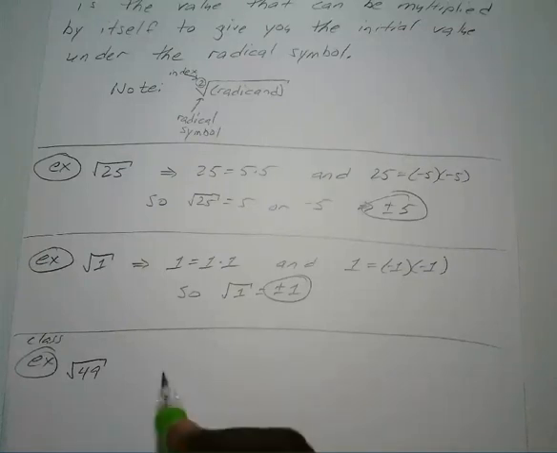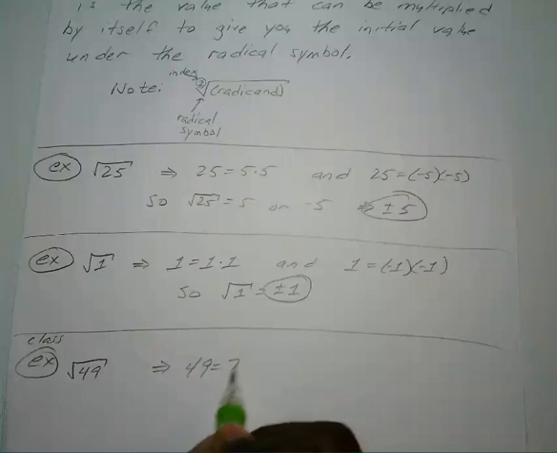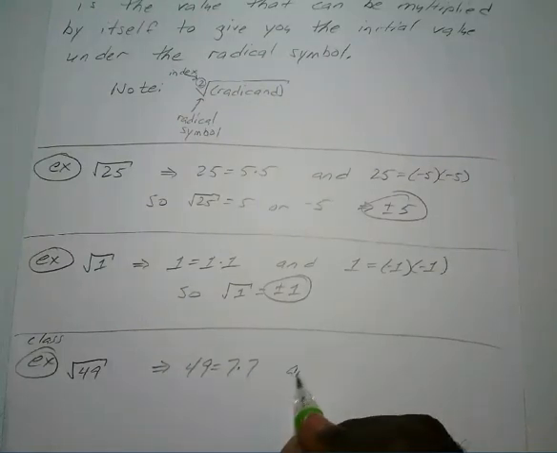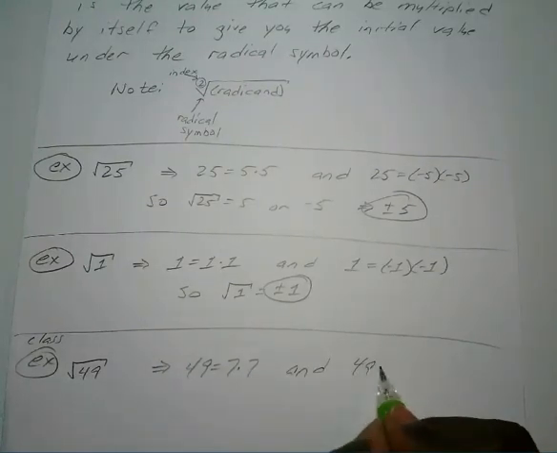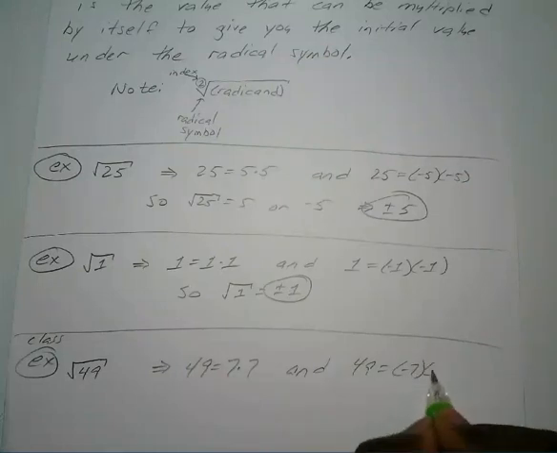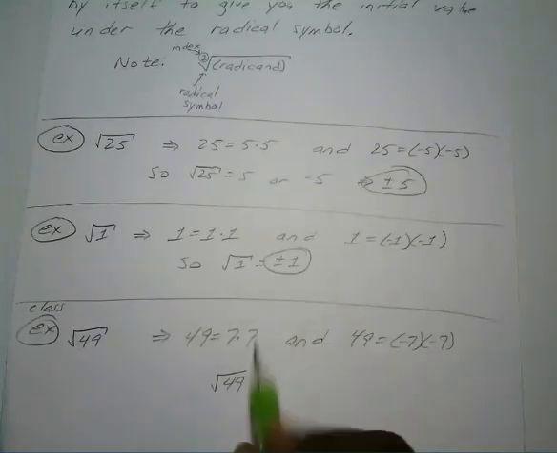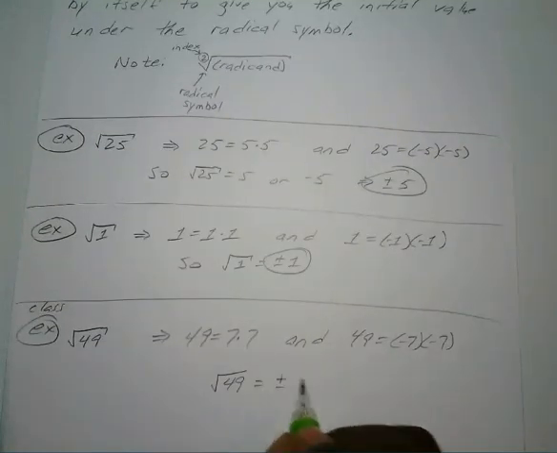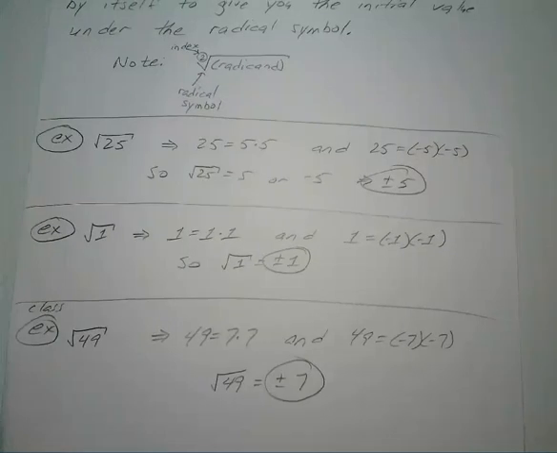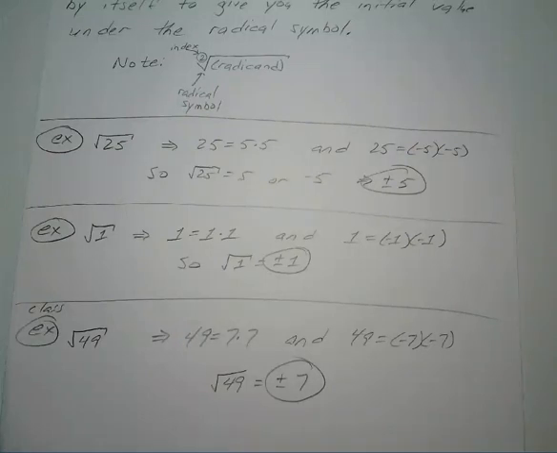Alright, so assuming you have this one done, we know that 49 is equal to 7 times 7, and 49 is equal to negative 7 times negative 7. So that means the square root of 49 is equal to positive or negative 7.